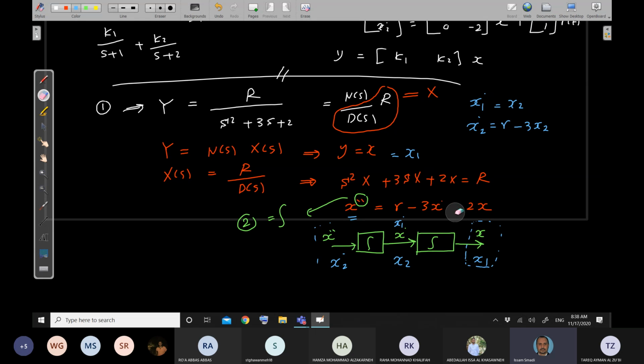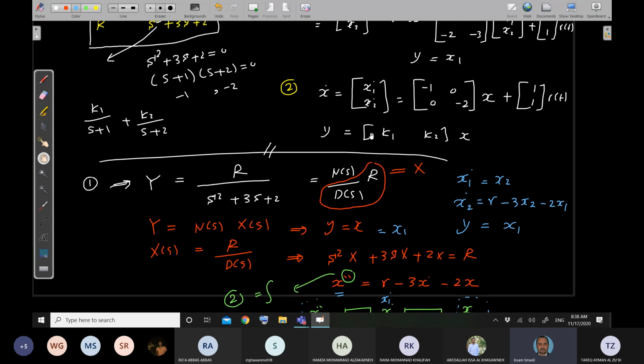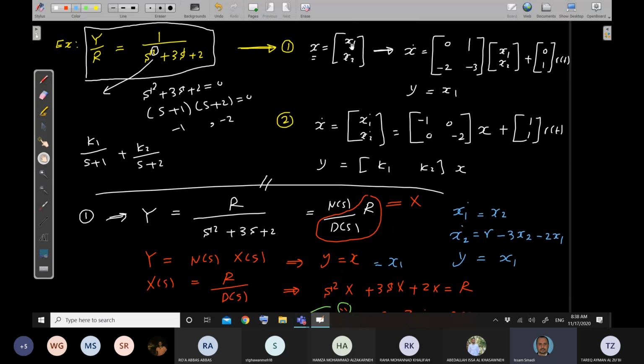No one following me? So here this is a minus. So this will be minus 2x1, and the final equation I need is y equal to x1. Now, if I return back here, this will be the first state space representation.